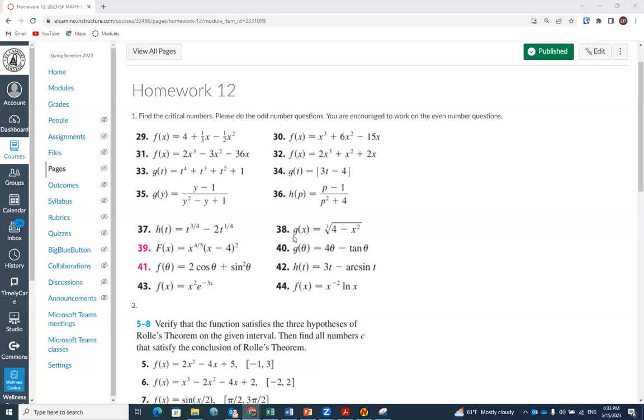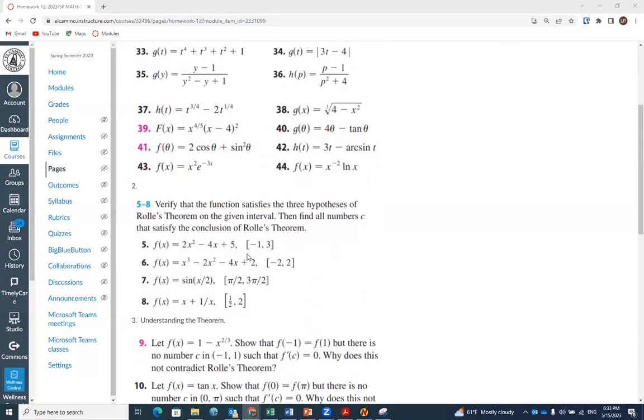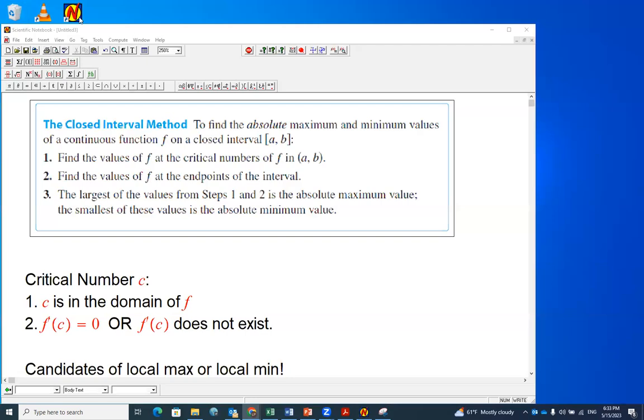Right here. We're going to pick a question, and we did some questions in the classroom. Let's look at number 39. This is just to find the critical numbers. We're going to copy the question and reshare the screen.